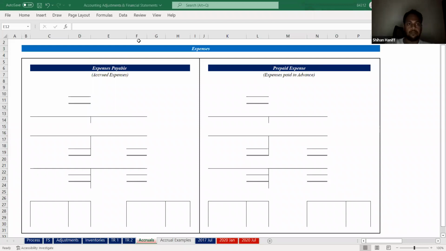Expenses payable. Let's say you are getting the electricity bill. The electricity bill is 10,000 and you pay cash 6,000. You are getting the electricity bill of 10,000 and paying only 6,000.